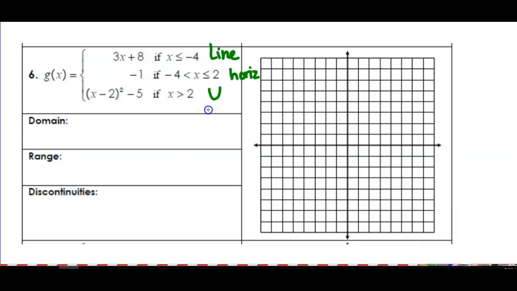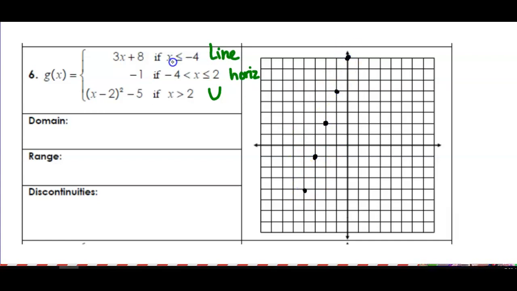All right. I'm going to do this by hand first, so I'm going to talk you through it. The first piece is a line that starts up here at 8, 2, 3, 4, 5, 6, 7, 8, and is going up 3 and over 1, or down 3 and back 1, has a positive slope because as you go left to right, it is going up.